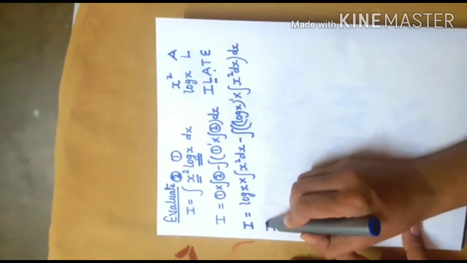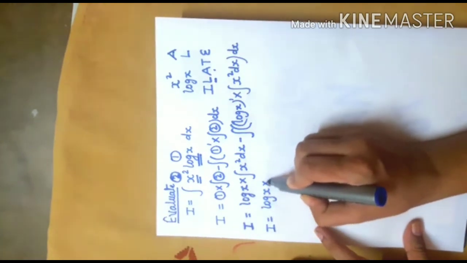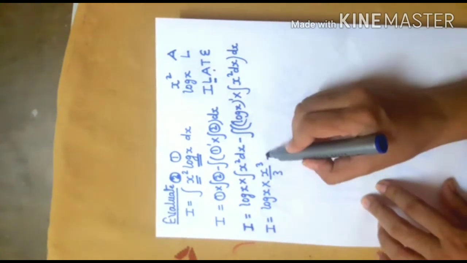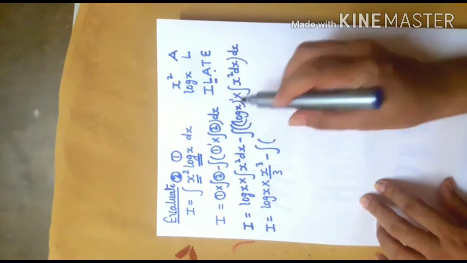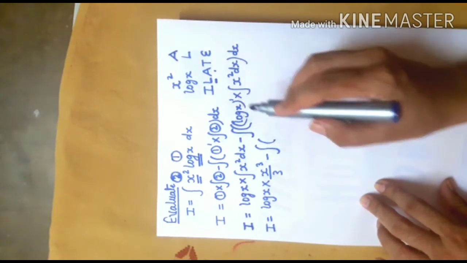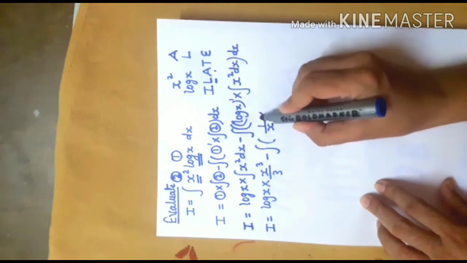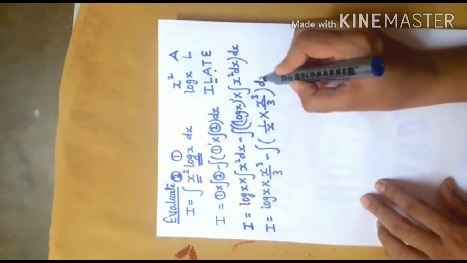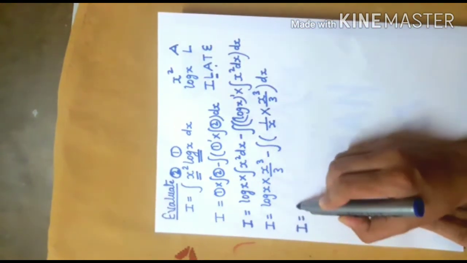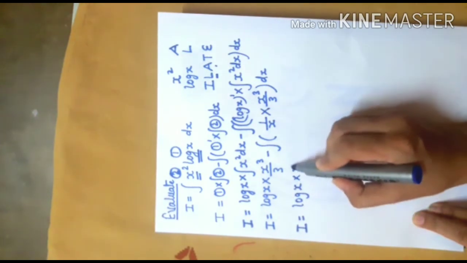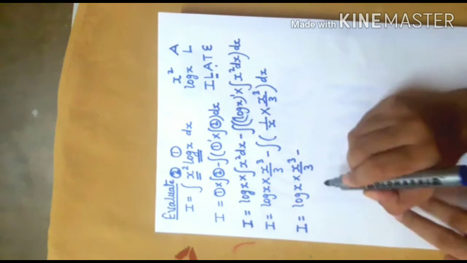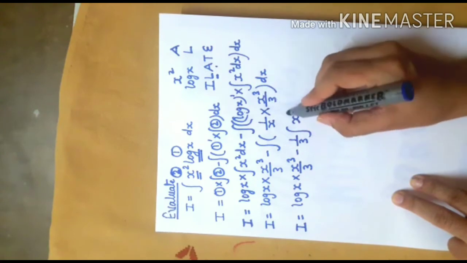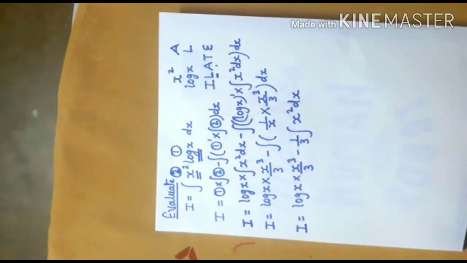So I'll get I equals log x into, yes, integral of x square is x cube over 3 minus integral, this bracket, log x dash, that means derivative of log x, which is 1 by x, into integral of x square, which is x cube over 3. Right? So here I'll get I equals log x into x cube by 3 minus this 3 I take out, and here I'll get, this will get cancelled out, integral x square dx.